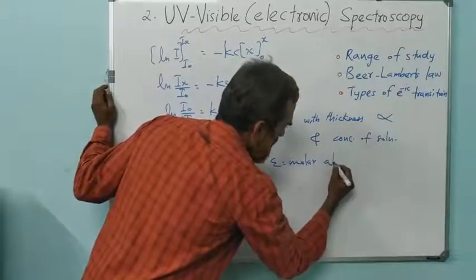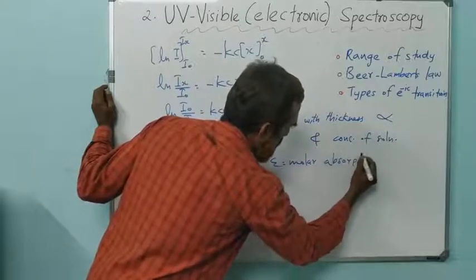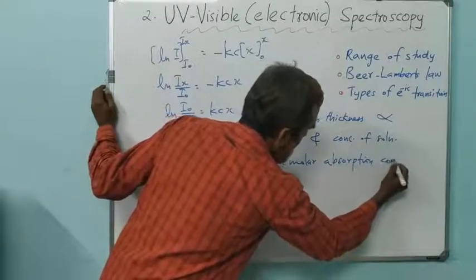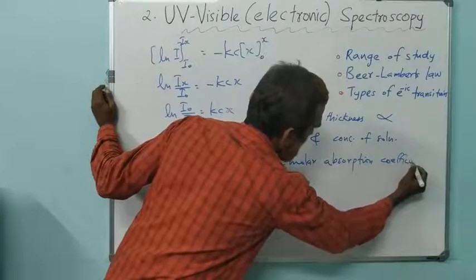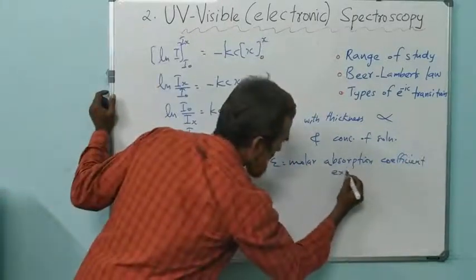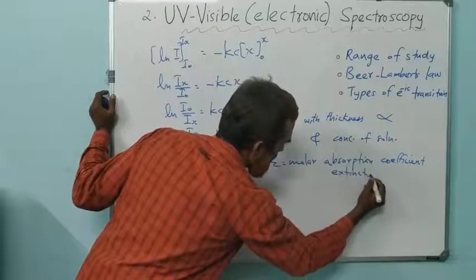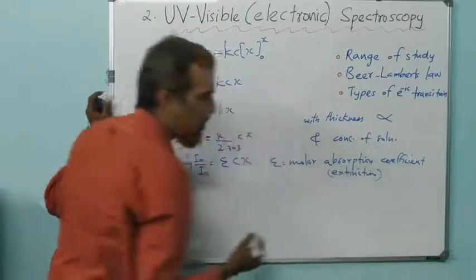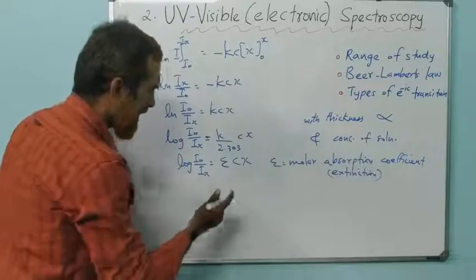absorption coefficient. Molar absorption coefficient is a constant, or molar extinction coefficient, or also called molar absorptivity.